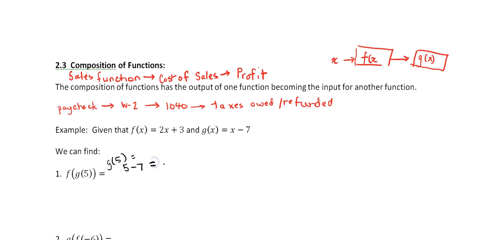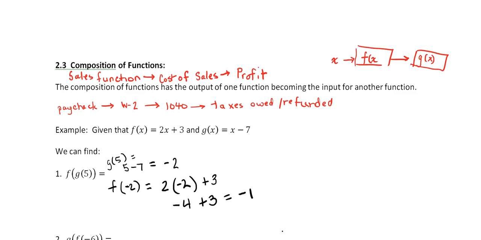So that's going to give me a negative 2. So my f of negative 2 is going to be 2 times negative 2 plus 3. And in this case, I'm going to have a negative 4 plus 3, which is going to give me a negative 1.